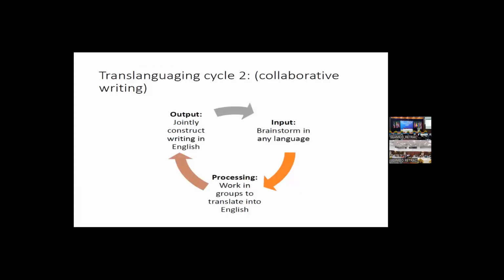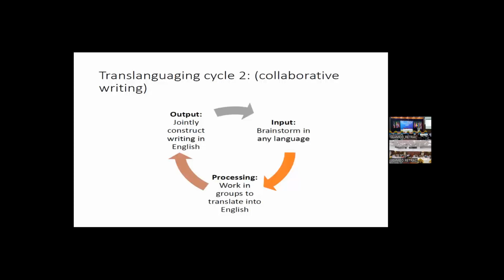Another cycle would be collaborative writing. Again, the output would be joint construction of writing in English between students working together in pairs or smaller groups. But in this case, the brainstorm could happen in any language. The processing could then move to translating into English, so toggling backwards and forwards between English.